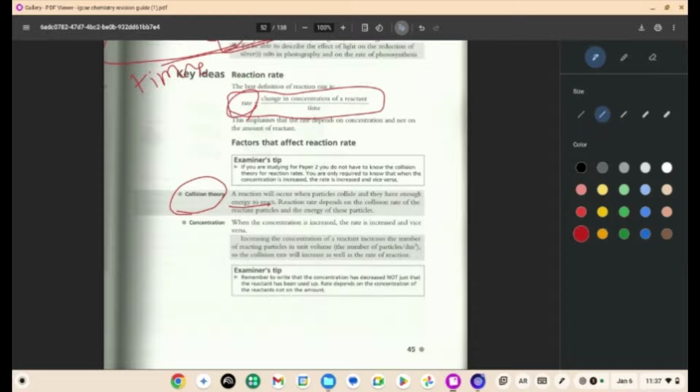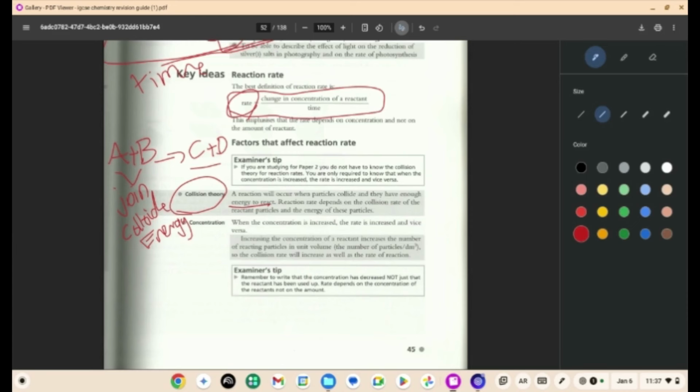So if we have A plus B in any chemical reaction that gives C plus D, for example, A and B must join, collide, and react with each other, and they must have enough energy for the chemical reaction to give C and D, the products. So to understand the factors that affect the reactions, we need to understand this collision theory.